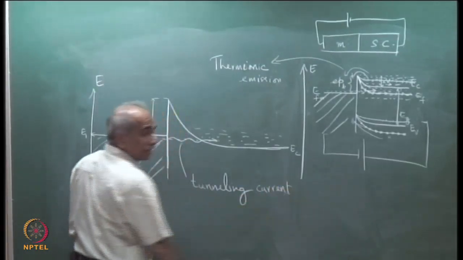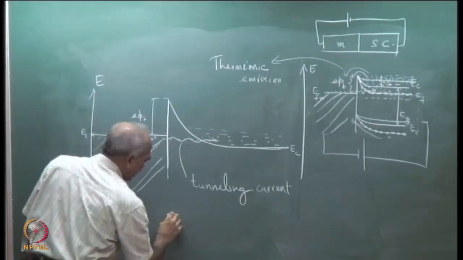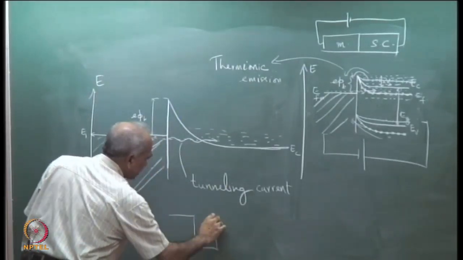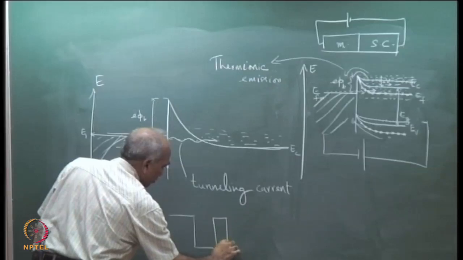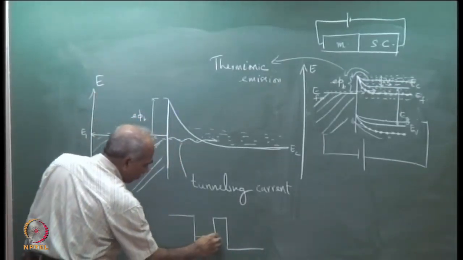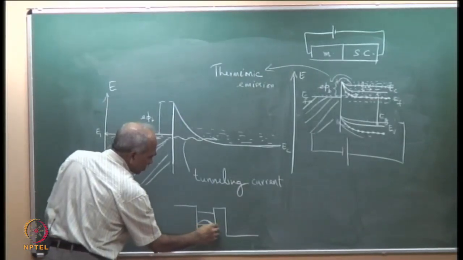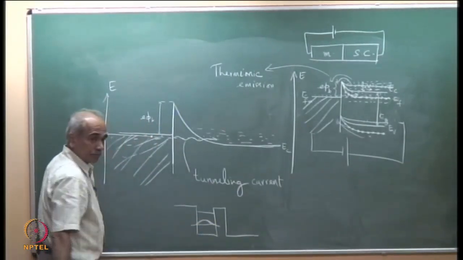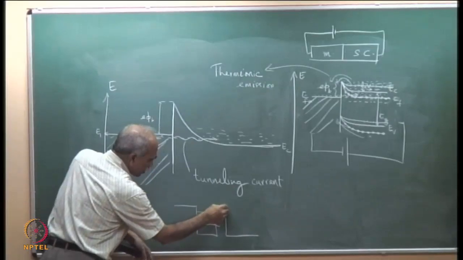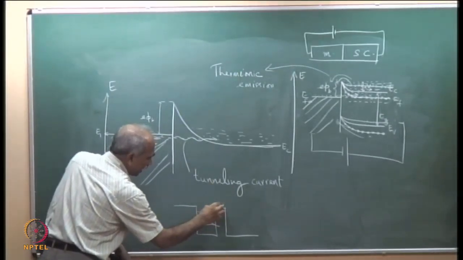So, this is called tunneling current. Tunneling is a quantum mechanical concept. I am sure you have all studied basic tunneling at some stage. The important point is, if you have a potential well, where electron states are permitted, this is the well and this is the barrier.